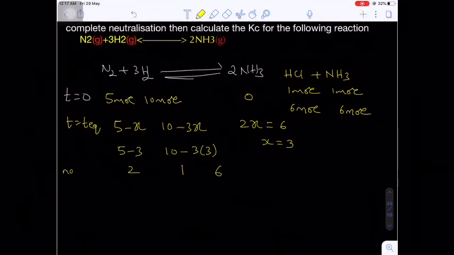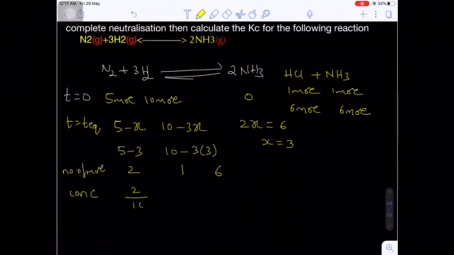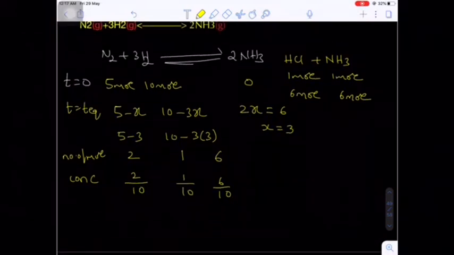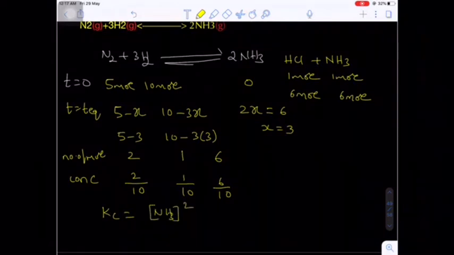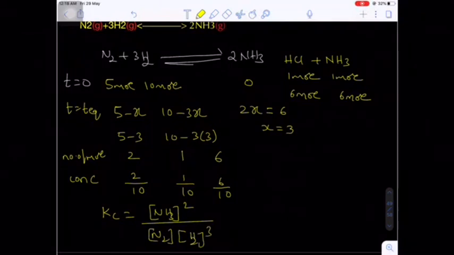Now this is the number of moles. To calculate the concentration, we divide by the volume of the container, so we get the number of moles of the species per liter. Now Kc is equal to ammonia concentration whole square divided by nitrogen concentration into hydrogen concentration whole cube.